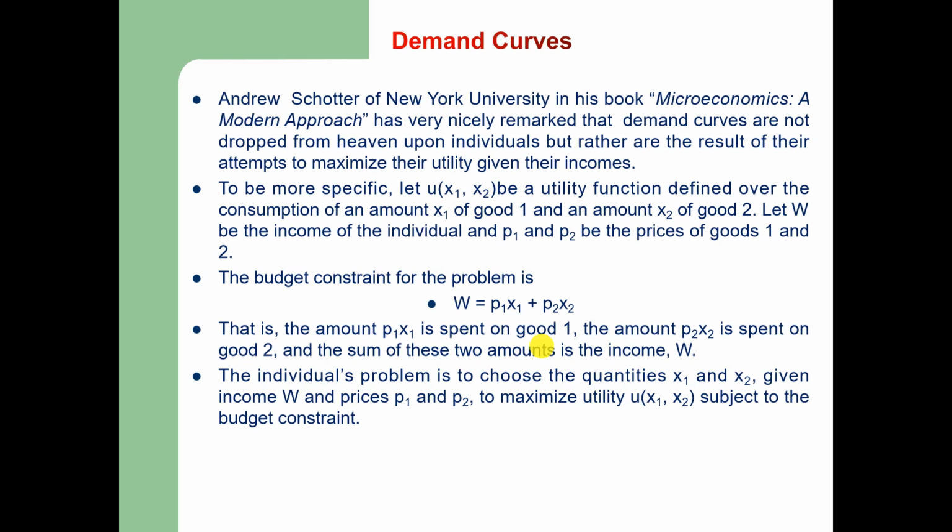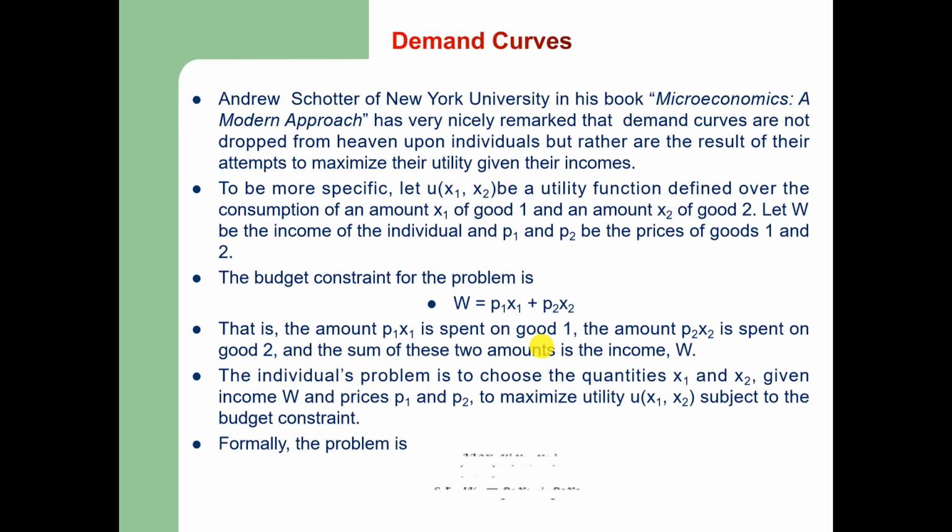The individual's problem is to choose the quantities x1 and x2, given her income W and prices P1 and P2, to maximize utility U of x1, x2 subject to the budget constraint. So this is his problem.